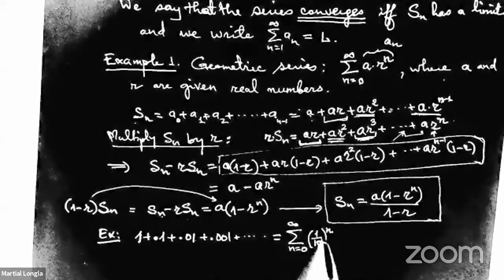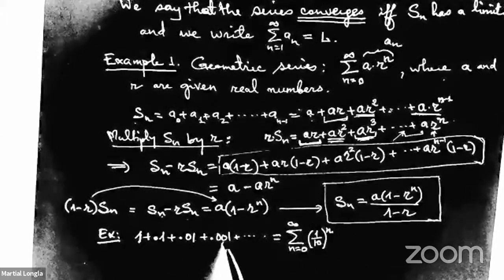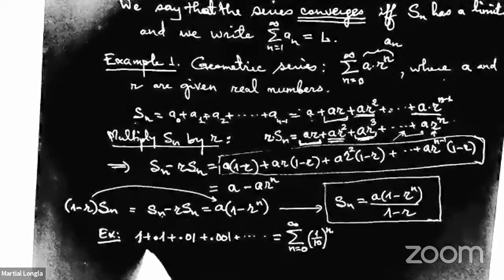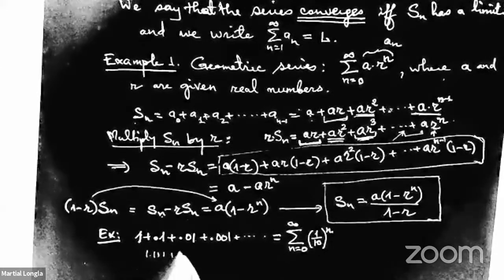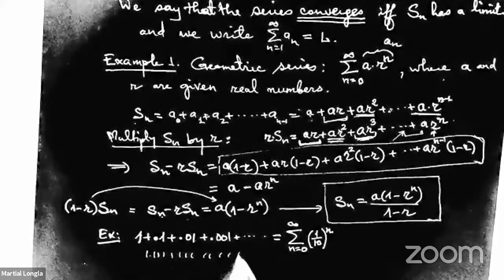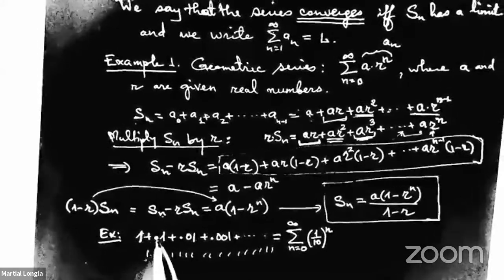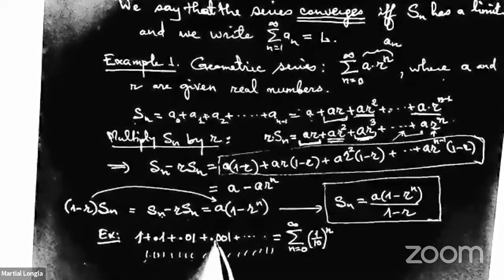The fourth one is 1 over 1,000, right? And so on. So if you have a sum like this, which is actually 1.11111111111, that's how you'll be writing down this number. It continues, right? Which is 1 plus 0.1 plus 0.01 plus 0.001.